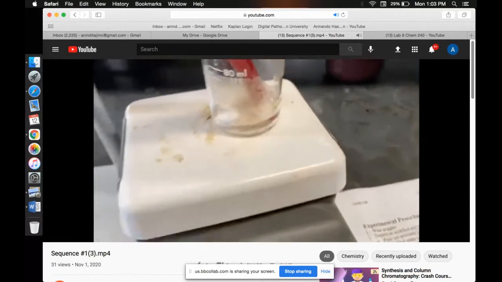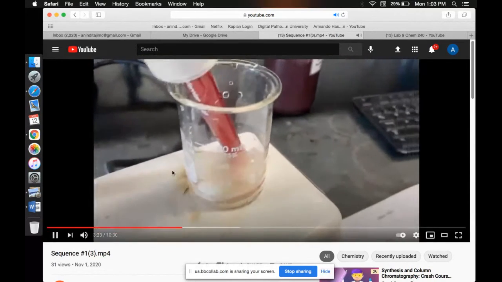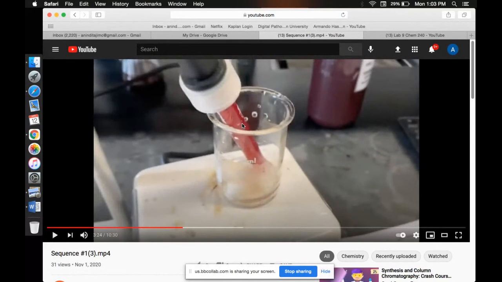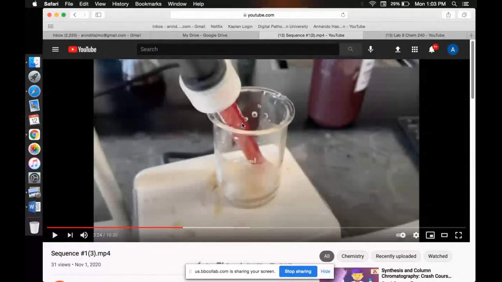As you can see, it is not immersed. In the experimental part, we discussed that we have to add 15 ml of water. If your probe is not submerged, then you can add some water also, that's fine, it doesn't make a difference. You need to make sure that your probe is submerged inside the water.